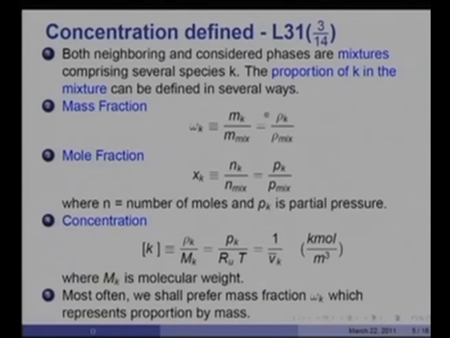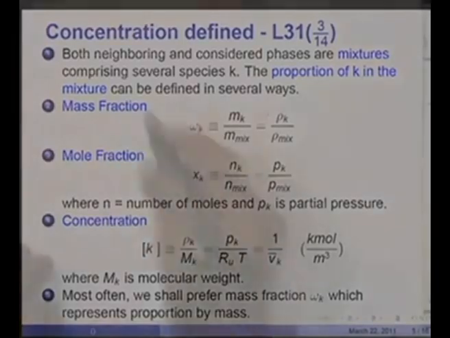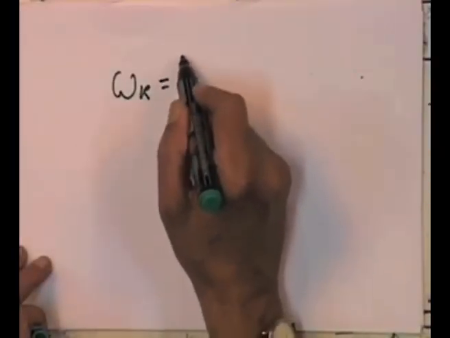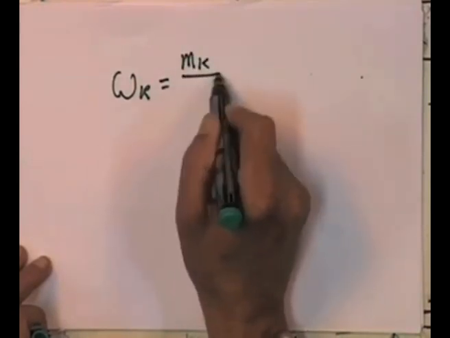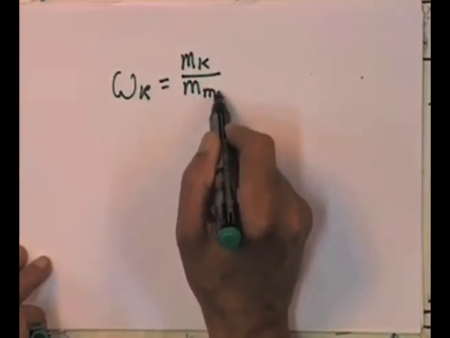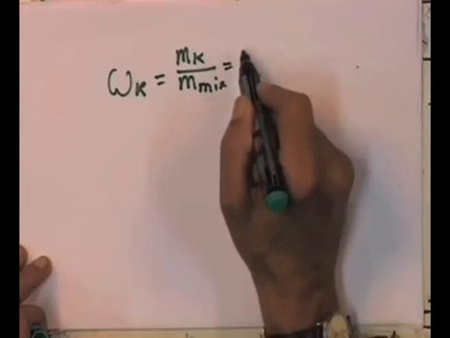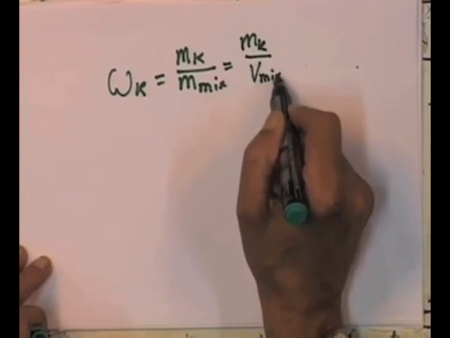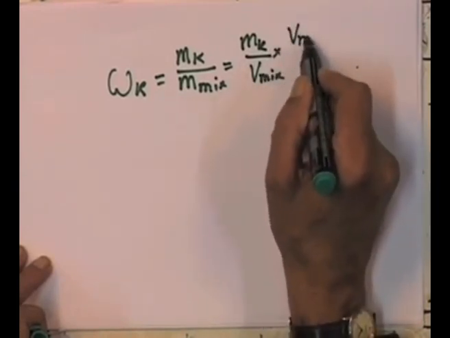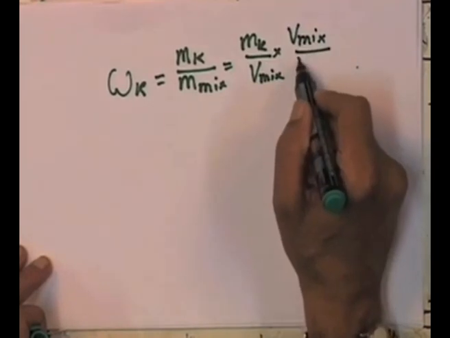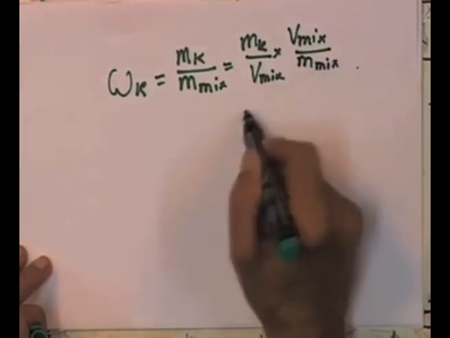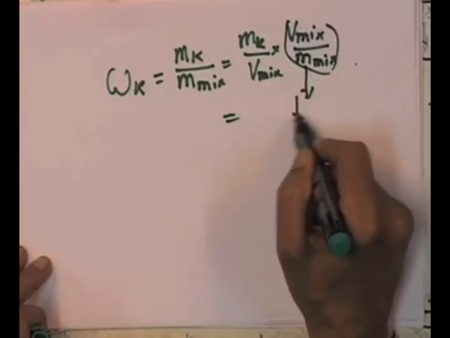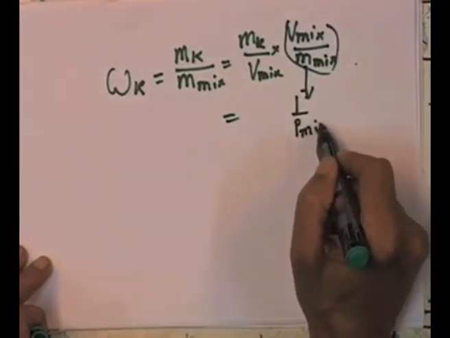So, for example, omega_K is used as a symbol for mass of species K divided by mass of the mixture, and if I divide this by the volume of the mixture and multiply by the volume of the mixture divided by the mass of the mixture, then you will see that this quantity would really transform to 1 over rho of the mixture.